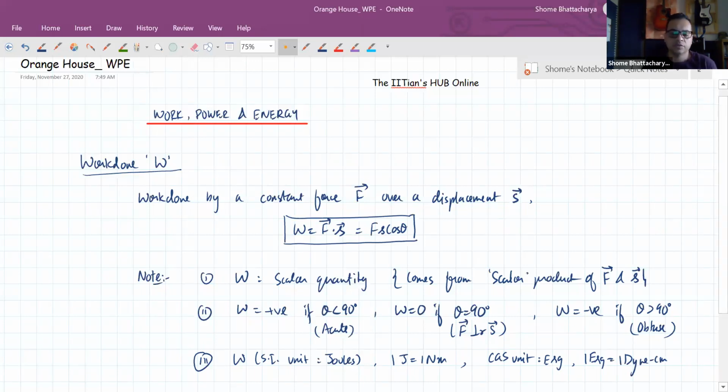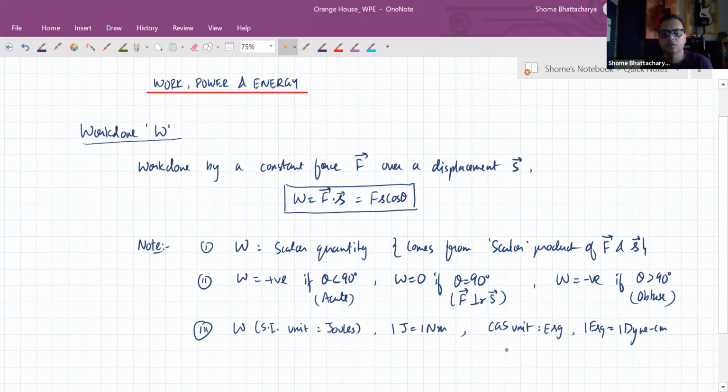So just make a quick note of these few things. And we had also seen that therefore 1 joule is 10 raised to 7 ergs.